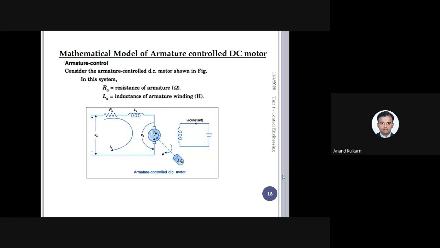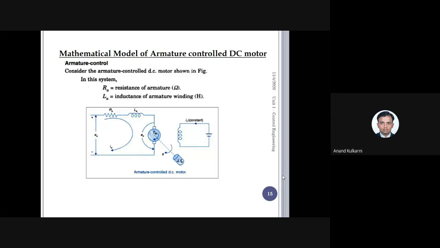After completion of a half phase, the brushes change position. The one connected to positive now gets connected to negative, and the one connected to negative gets connected to positive. So the direction reversal takes place and the motor continuously rotates. This process is called commutation. Commutation is an integral part of any DC motor. So this is the separately excited motor.